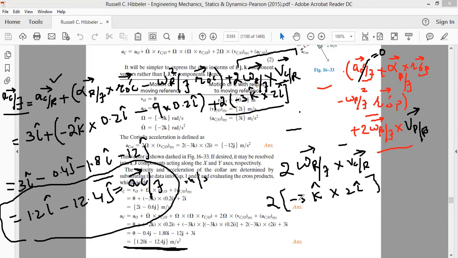That's equal to how much? 3 twos are 6 and 2 are 12, that is minus 12, and k cross i is j cap. So the Coriolis acceleration in this case is equal to minus 12 meter per second square. And this completes our question.